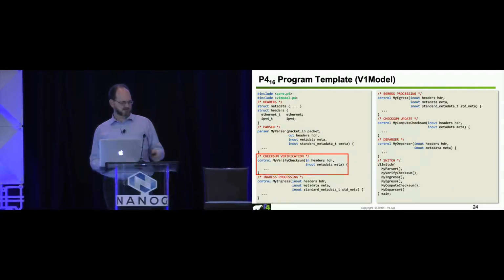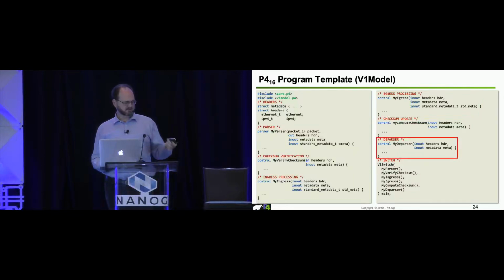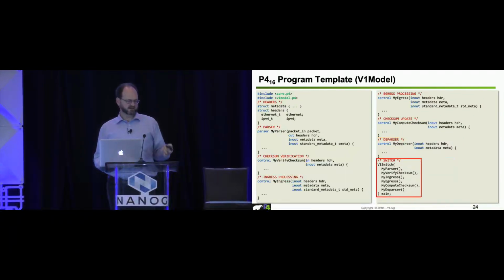Checksum verification, again, this is where we do optional checking of received checksums. Ingress processing, egress, checksum update, deparser. Now, you notice that there are names like my parser, my verify checksum, my egress, and all these names. Are those baked into the language? No, they're not. What is baked into the architecture in the V1 model.p4 is that at the end, you need to define this V1 switch name like this.